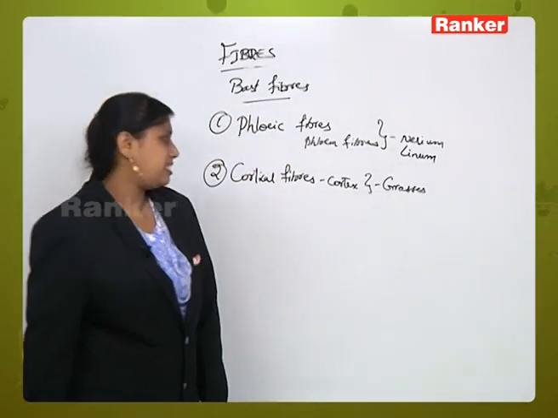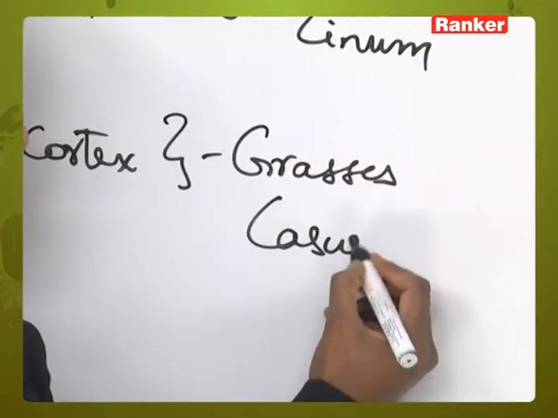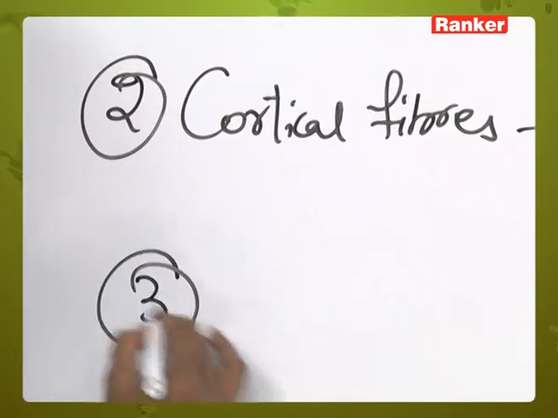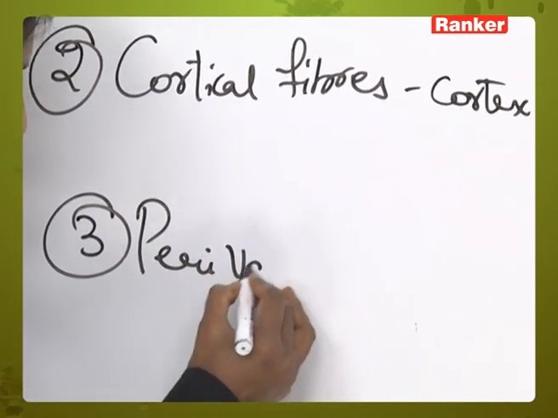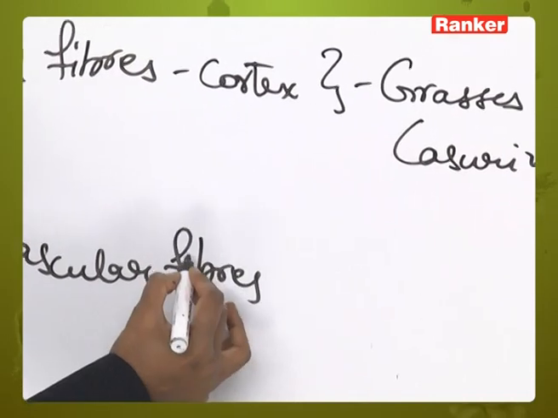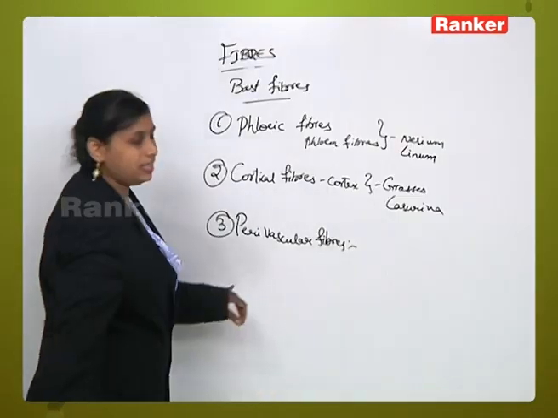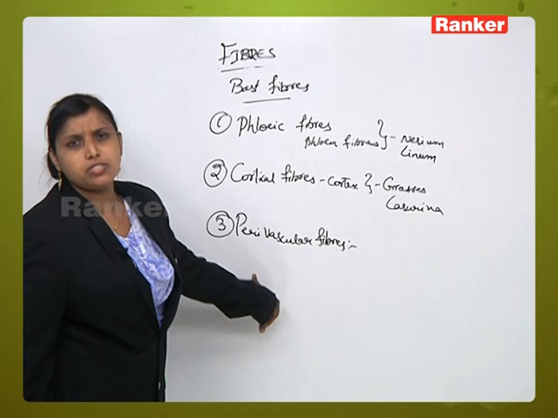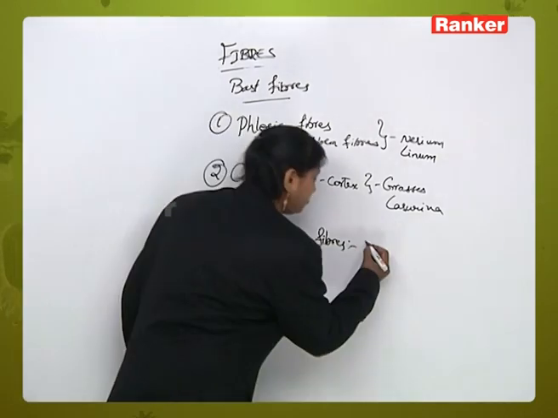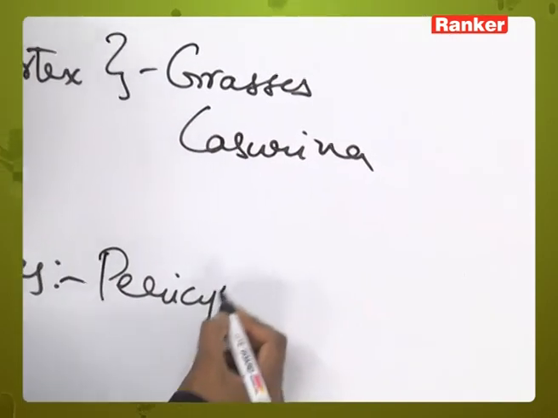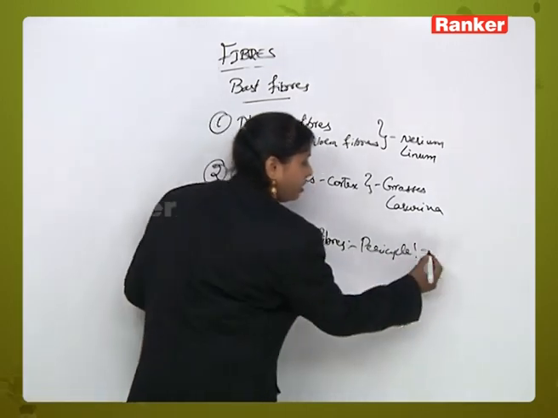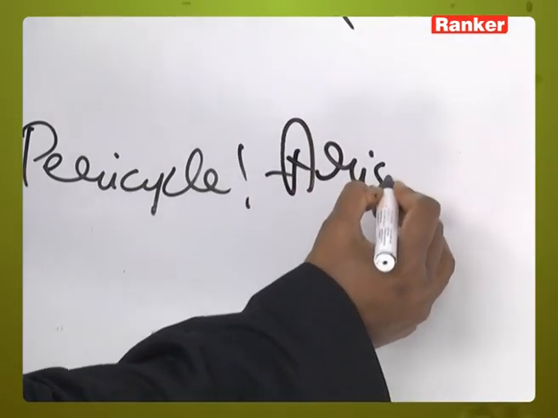You can also take the example of Casuarina. The third type of fiber you have is perivascular fibers. Those fibers are present at the pericycle. The example as per your syllabus will be Aristolochia.